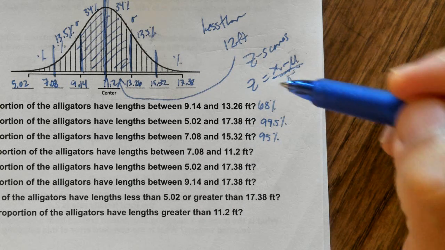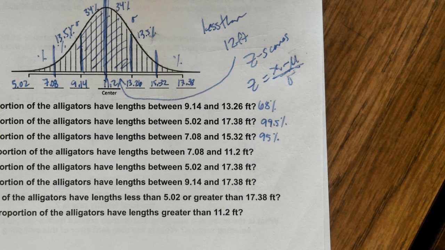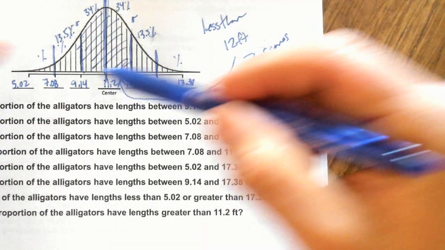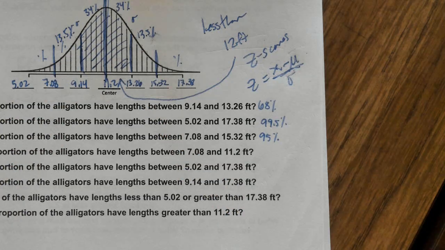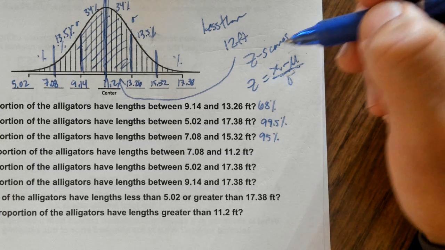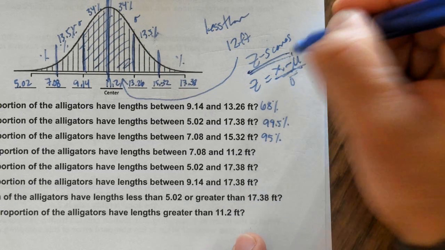And that z-score can then be computed from your z-table. You can find that percent for the exact location. But when it's general locations, you can find those without z-scores. Or you can do all of them with z-scores. Anyone want to interpret what a z-score is?